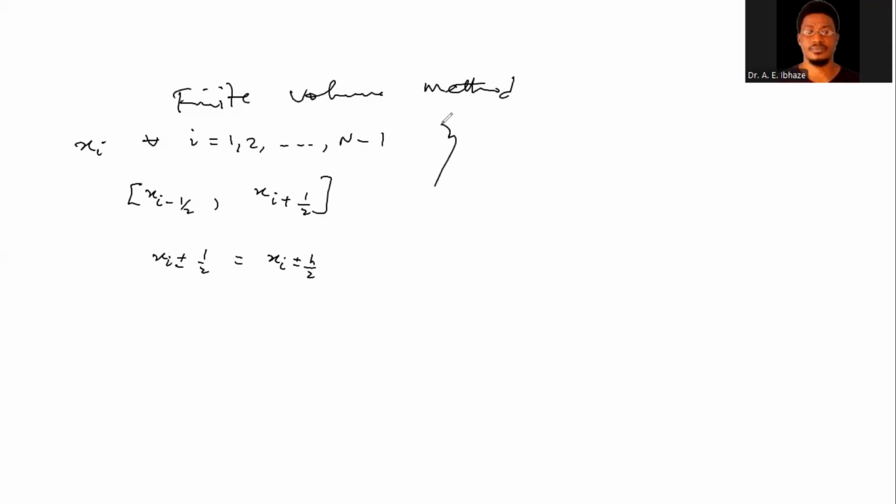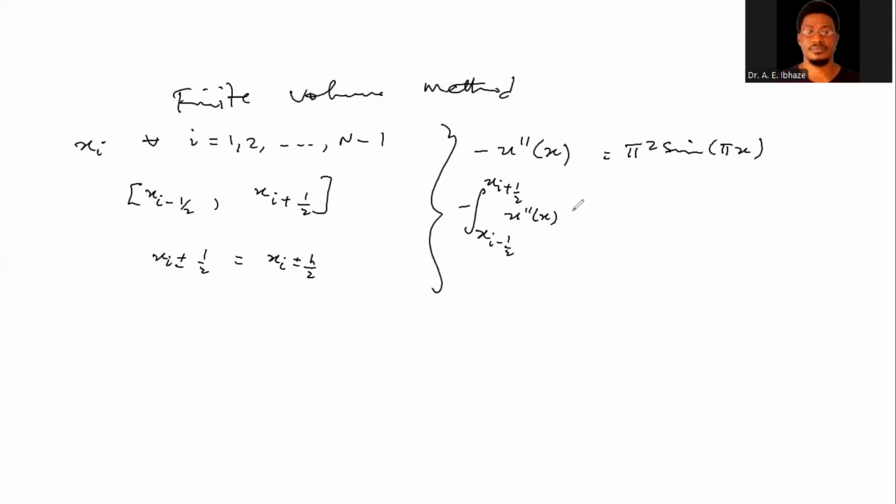So we already have that negative U prime prime of X is the same as pi squared sine pi X. So we want to integrate this over the volume: negative integral from S sub I minus 1/2 to S sub I plus 1/2 of U prime prime of X dX is the same as the integral from S sub I minus 1/2 to S sub I plus 1/2 of pi squared sine pi X dX.